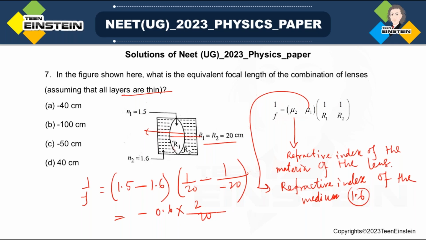So from here, we'll actually be obtaining 0.1. See here, not 0.6. This is 0.1. That's why the mistake was. This will actually be minus 100. So minus 10 centimeter. This will be the answer.